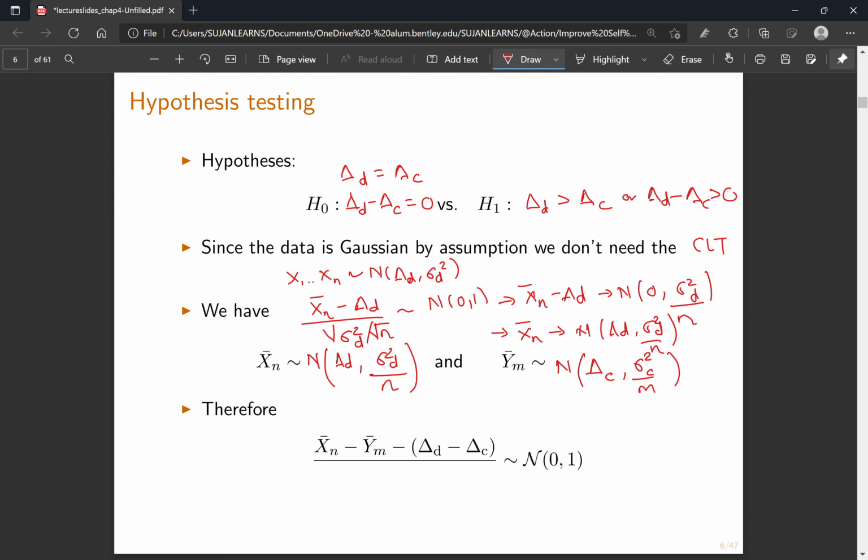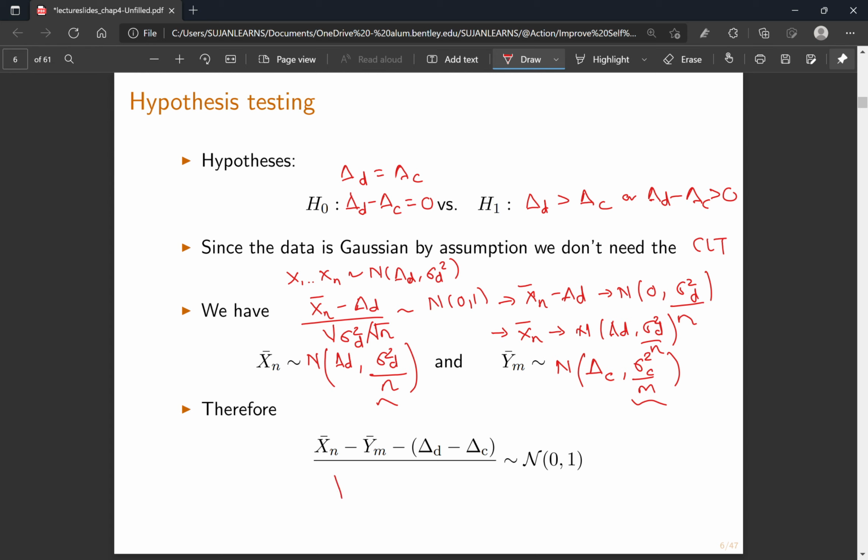Therefore, we'll take the difference between Xn and Ym and subtract delta D and delta C. But this is still not the standard normal. To make it standard normal, we have to divide by the variability of Xn and Ym. And what defines the variability? The variances. And since X and Y are independent, we can sum the variances, take the square root of that, and divide to get a standard normal.